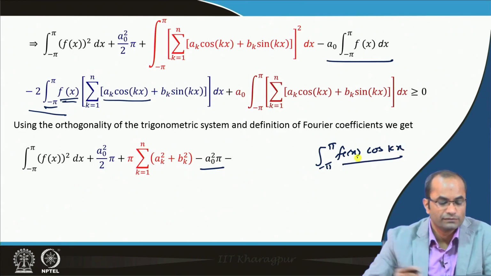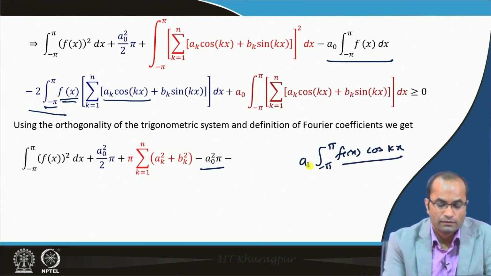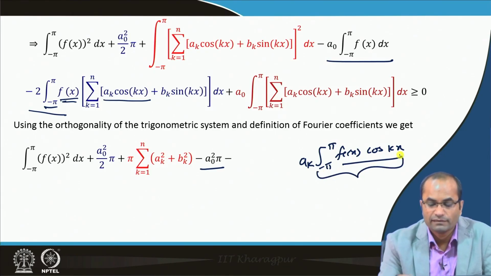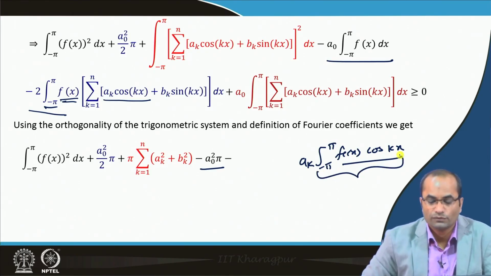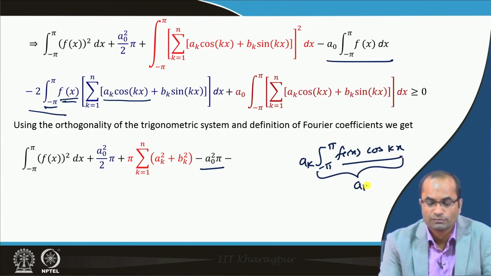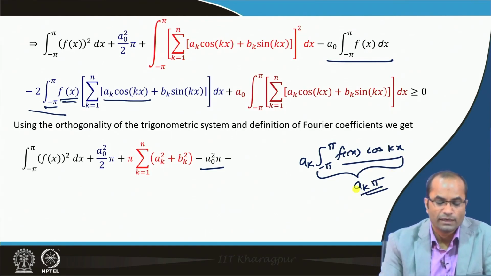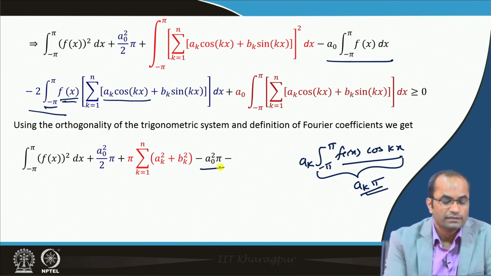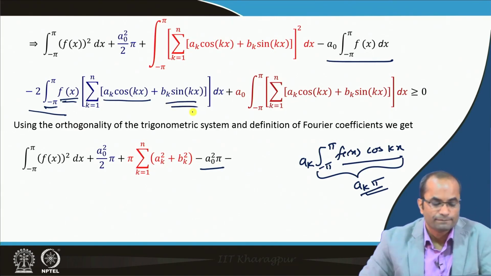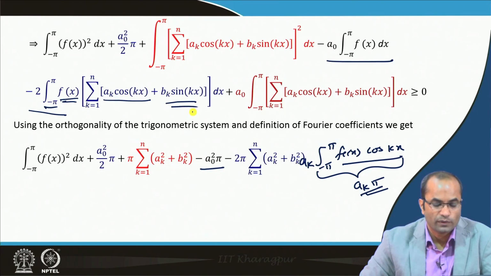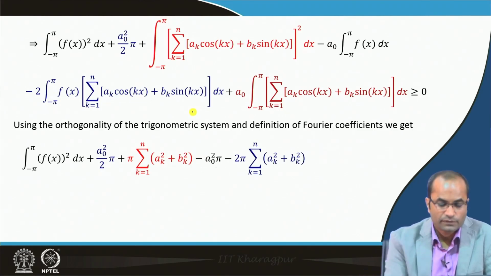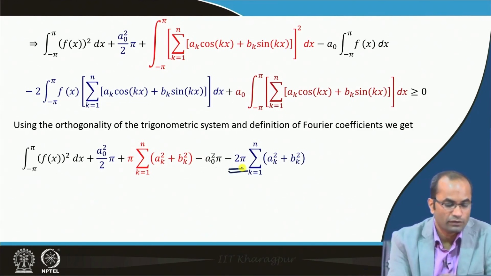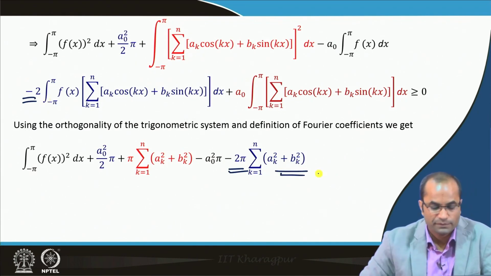Similarly, we have f x with sin k x, and again we can relate this to the Fourier coefficient, because that corresponds exactly to a_k and then pi. So, here we will get pi and a_k square. Similarly, here we will get pi b_k square. So, these terms we now have as minus 2 times pi, a_k square and b_k square.